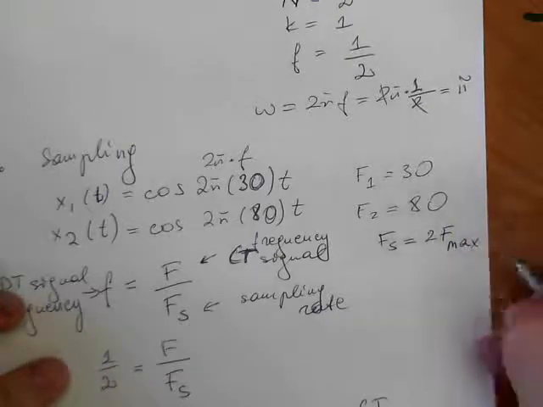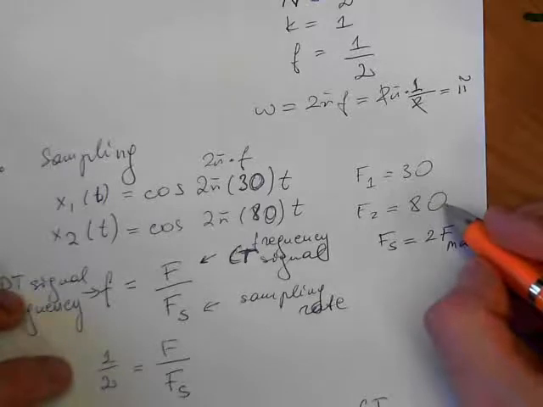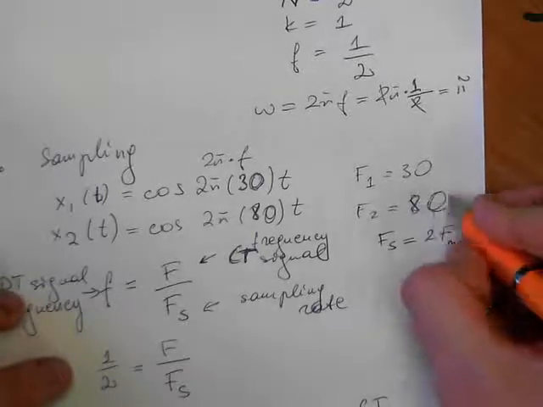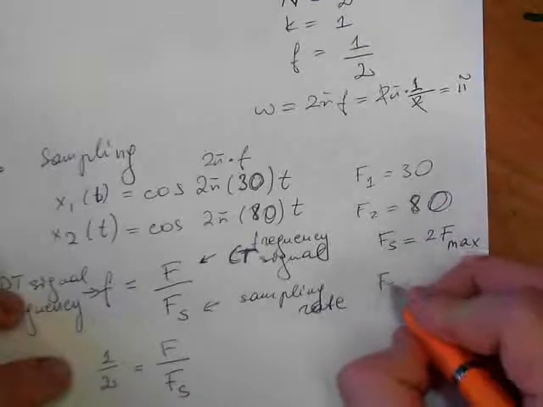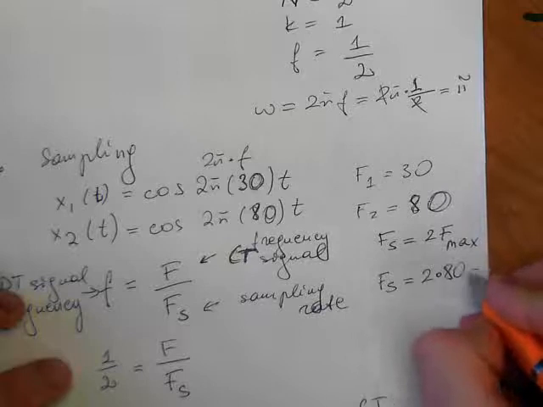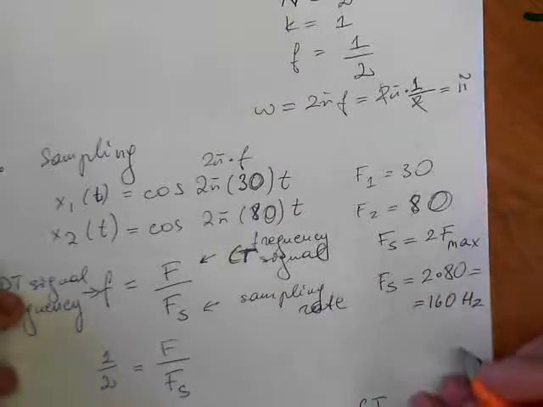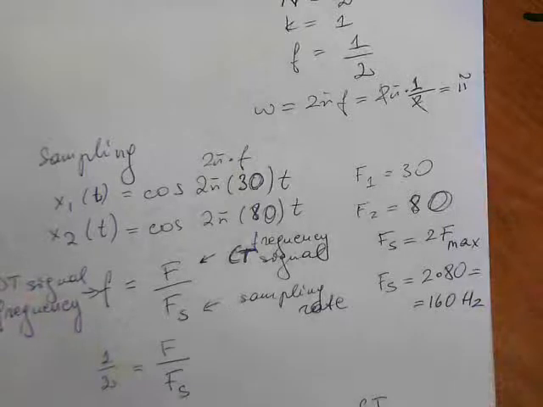So it's written F max because it refers that we have to have in mind higher frequency. In this case it is 80. So sampling frequency should be Fs is 2 times 80, and it should be 160 Hertz. That's the answer. Good.